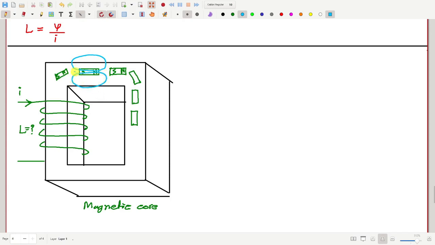Maybe that is like this. There are many more field lines. They will get added with the magnetic field of the coil alone, and as a result, this core will act like a guide for the magnetic field lines. So it will act as the guide for the field lines, and we will have magnetic field lines passing through the core like this.